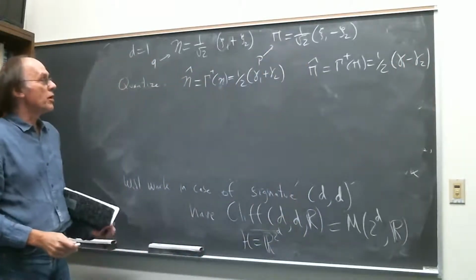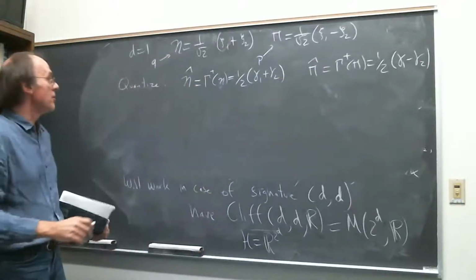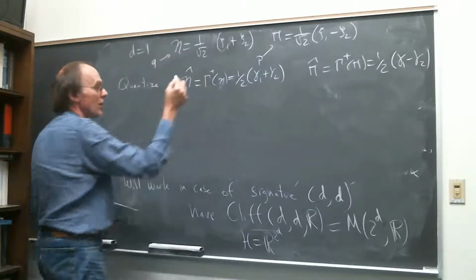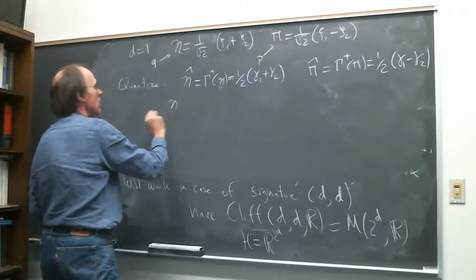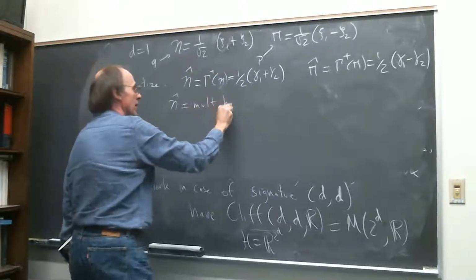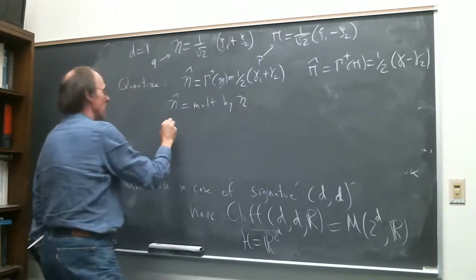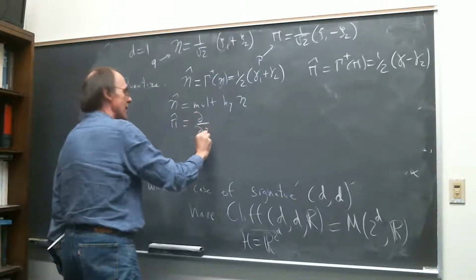And then what you can show is that you can realize this on fermionic functions, where eta hat is equal to multiplication by eta, and pi hat is equal to differentiation with respect to eta.